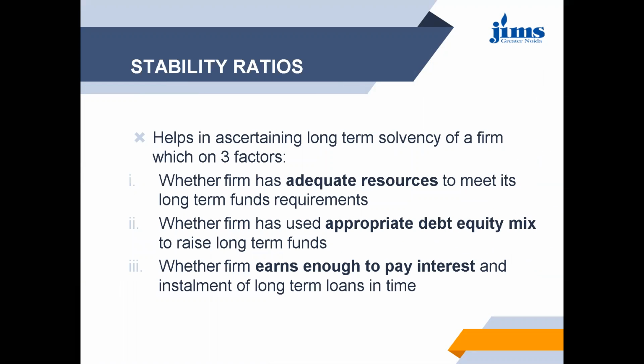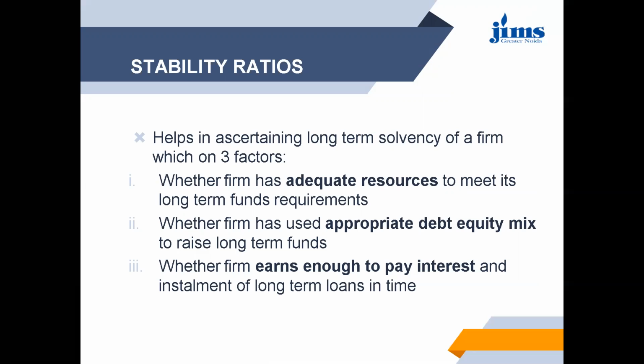So stability ratios help in ascertaining long-term solvency of a firm, which is based on three factors. First, whether the firm has adequate resources to meet its long-term funds requirements, whether the firm has used appropriate debt equity mix to raise long-term funds, and last, whether the firm earns enough to pay interest and installments of long-term loans in time.